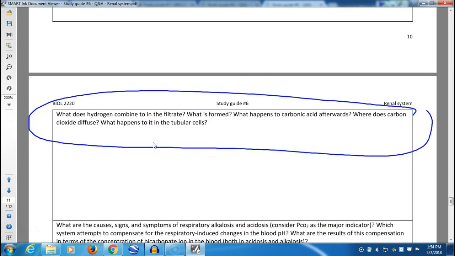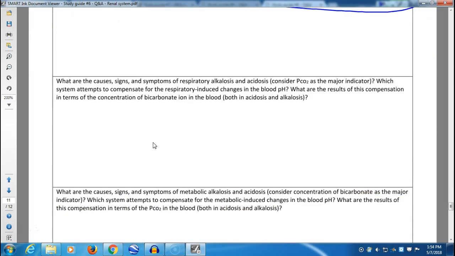It's that cycle that we just talked through. Respiratory alkalosis and acidosis, and metabolic. Respiratory lungs, can they compensate for respiratory? So one system has to compensate for another, right? That makes sense? Good.